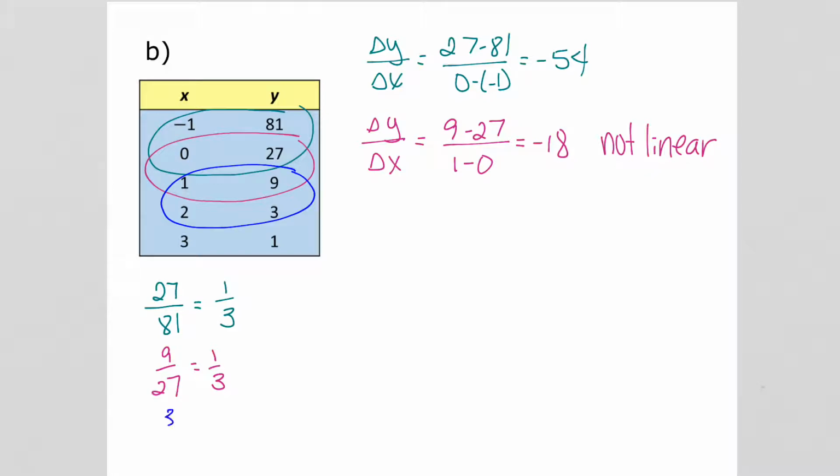The next pair, 3 over 9, is also 1/3. So what that means is that our growth factor, or b, is 1/3. And that's when we're looking at y equals a times b to the x. Now what is a? a is the y-intercept.